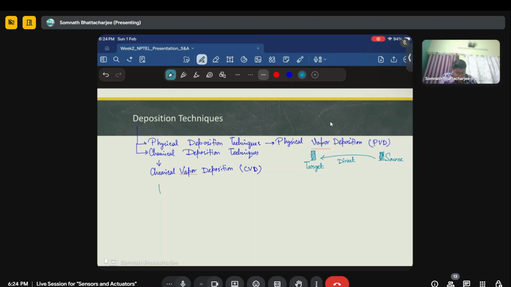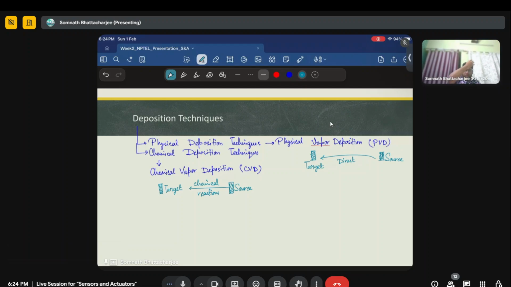In this case, if you have a target, chemical reactions happen here, and the source material gets deposited onto the target material itself.